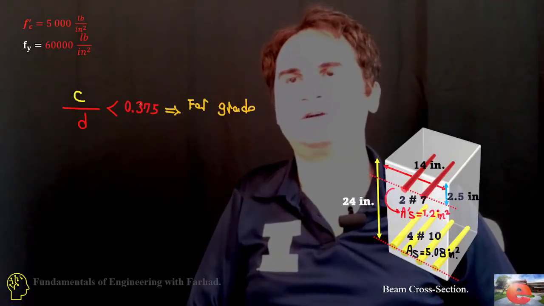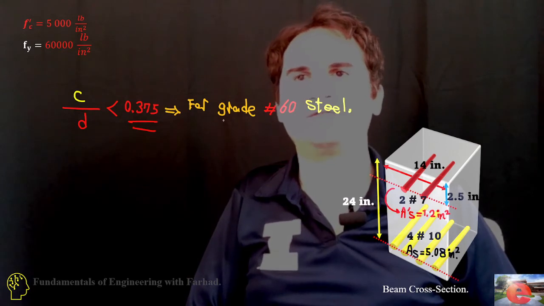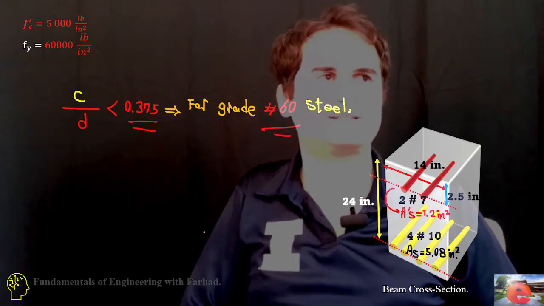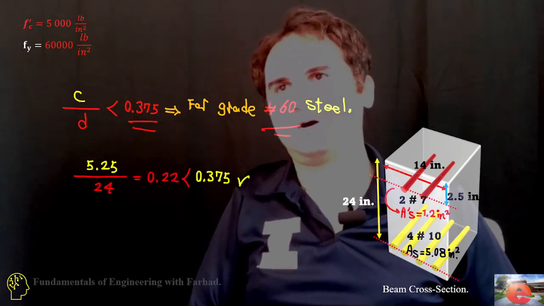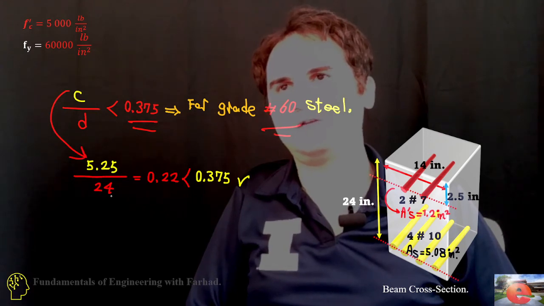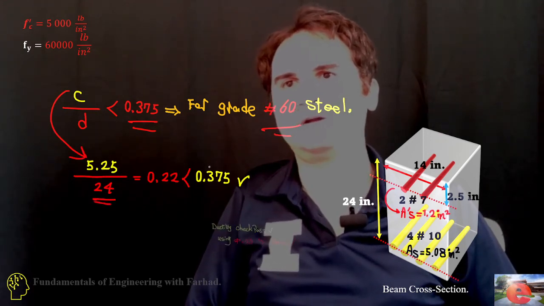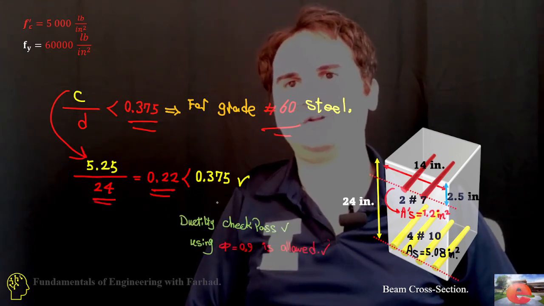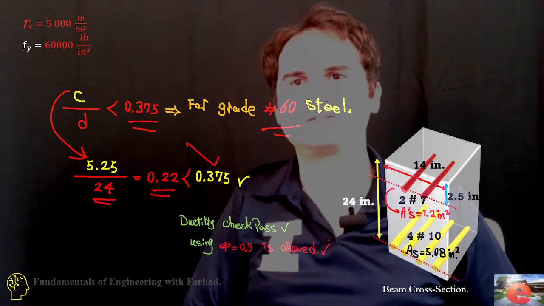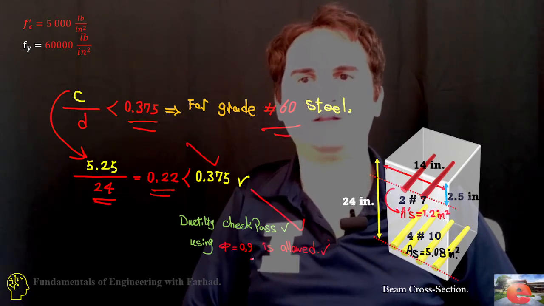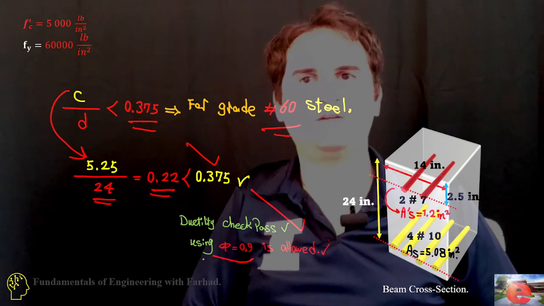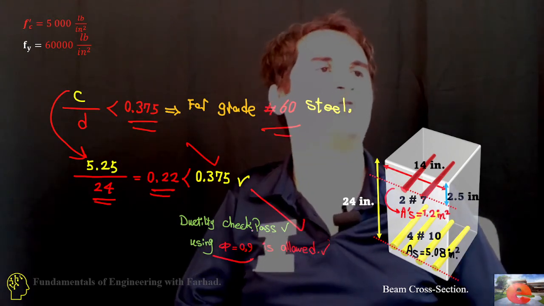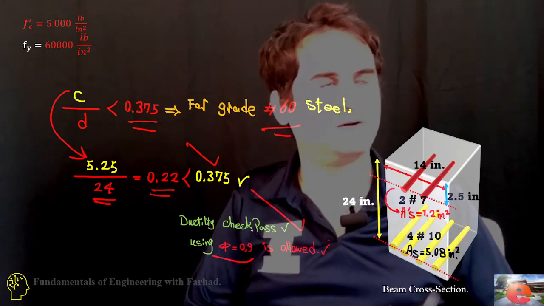So c over d should be smaller than 0.375 for grade 60 steel. Our c is 5.5, and d is 24, which gives us 0.23, definitely less than that. So the ductility check is passed. We are allowed to use phi as 0.9 for flexural member design.